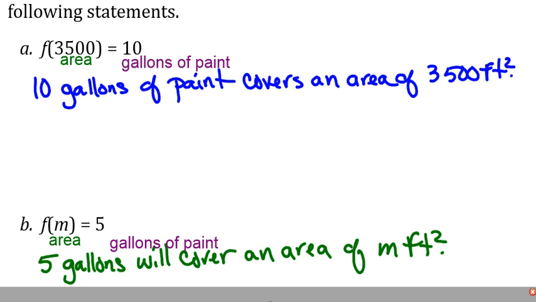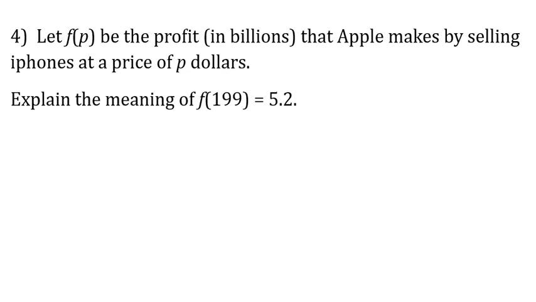Let's look at one last scenario. Let f of P be the profit in billions that Apple makes by selling iPhones at a price of $P. Explain the meaning of f of 199 equals 5.2.